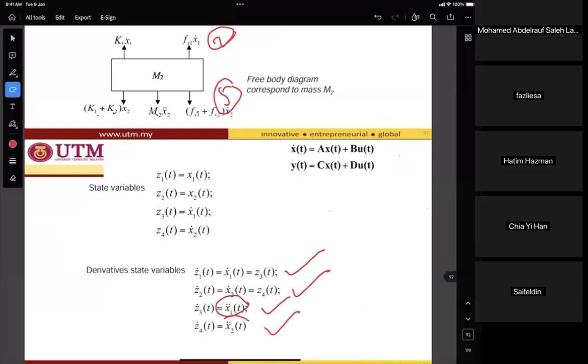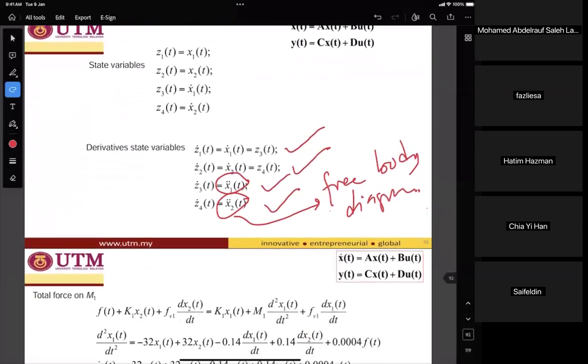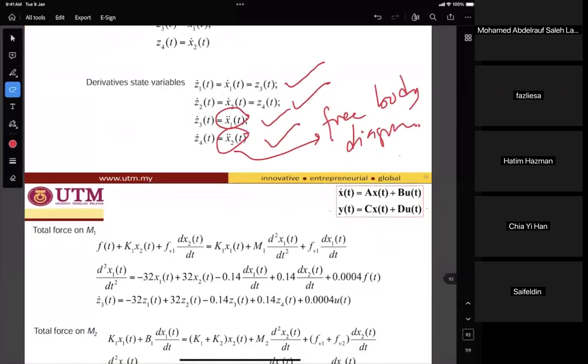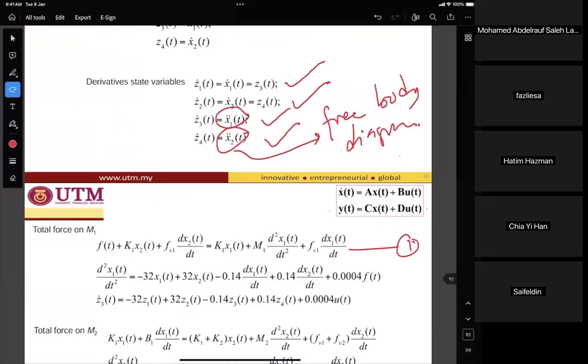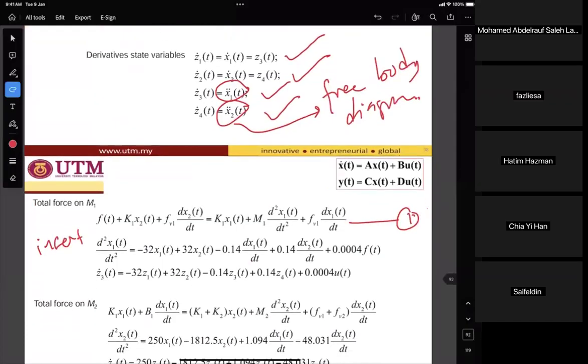This one we have to derive from the free body diagram, and from it we can write the differential equation for the force, as shown here. Then we insert the value of the constants and simplify, so you get equation number 2 for Z3 dot.